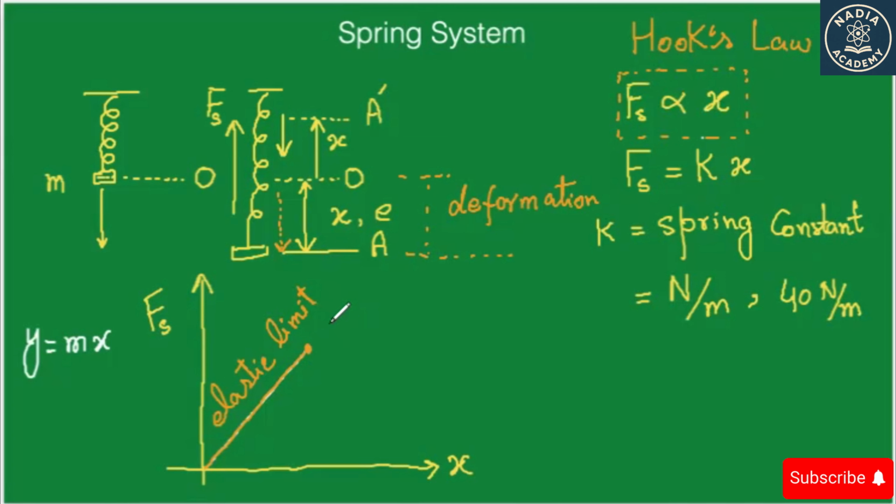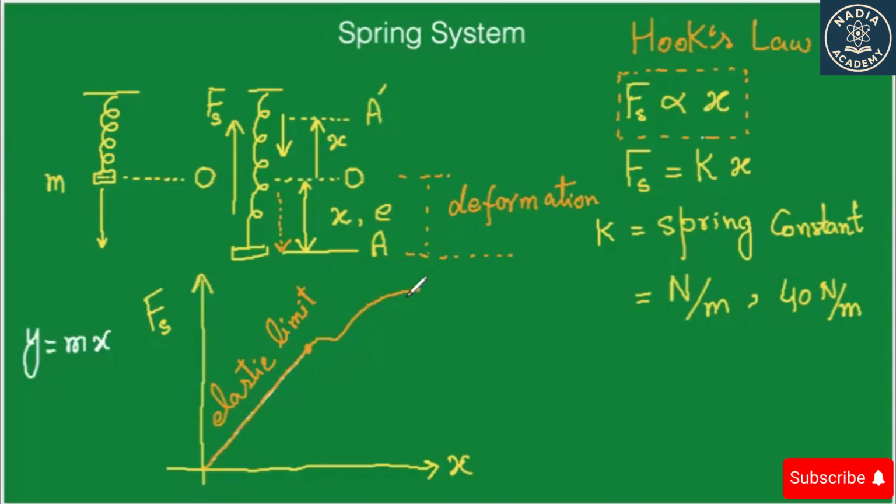And so then the material will come back to its original shape or into its original form. Now, if, for example, we apply more force, means that we are going to increase this extension. So then what will happen, for example, if we are going up to here at this point. Above the elastic limit, once your system has crossed the elastic limit, then this graph will turn into non-linearity.